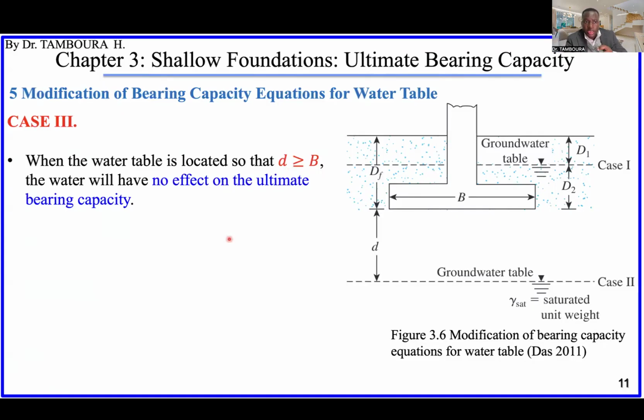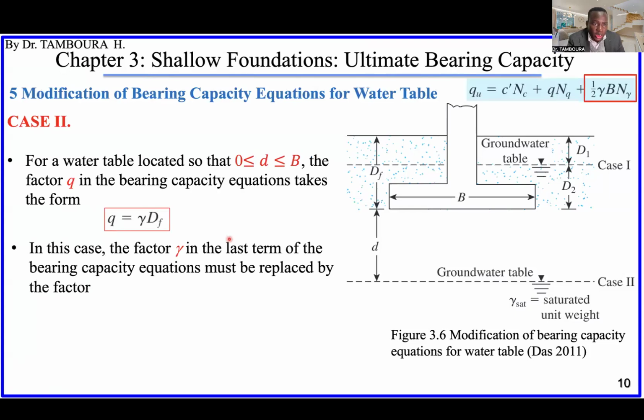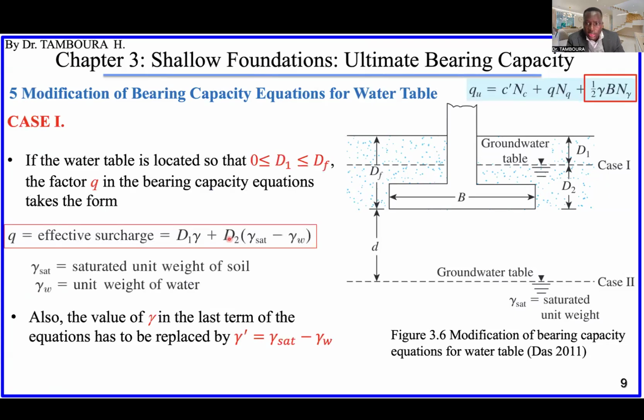So remember, we have 3 cases. First case, let me go back again. The first case is when the water table is here. In that case, you need 2 modifications. You modify the Q, replace this Q by this equation. Gamma sat minus gamma W is gamma prime actually. D1 times gamma, where D1 is this: you need to know the depth of the water table, multiplied by the unit weight of this soil.